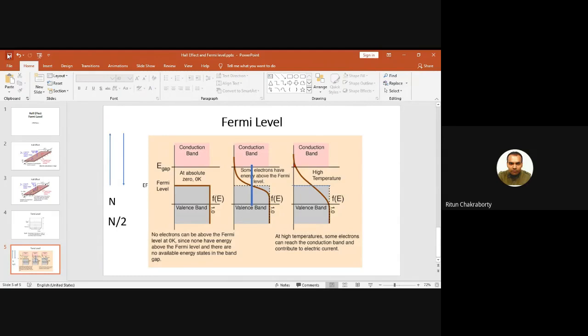But this is true under one condition, and what is that particular condition? The temperature of the material should be 0 Kelvin.